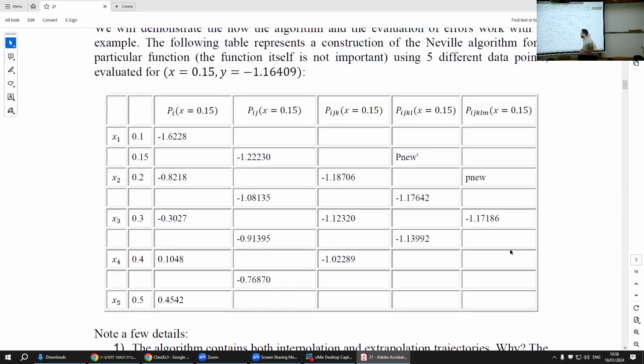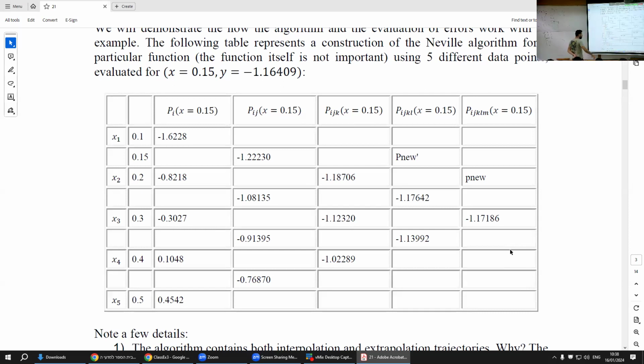Let's see an example of this. I have x1, x2, x3, x4, x5, and someone told me that the function at x1 is like this, at x2 is like this. This is the table. We have finished our evaluation, and that's the result. We are trying to evaluate the function at 0.15. Okay.